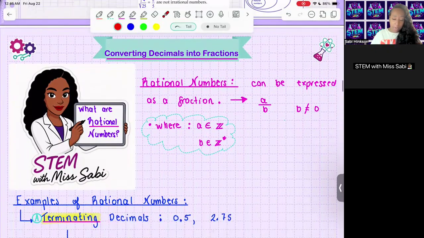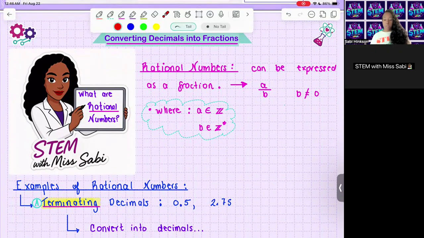So now we are going to get to the actual reason why I made this video. I was reminding the boys how we convert decimals into fractions. Again, we're addressing rational numbers, which can be expressed as a fraction, remembering that your b, the number in the denominator, cannot be zero.